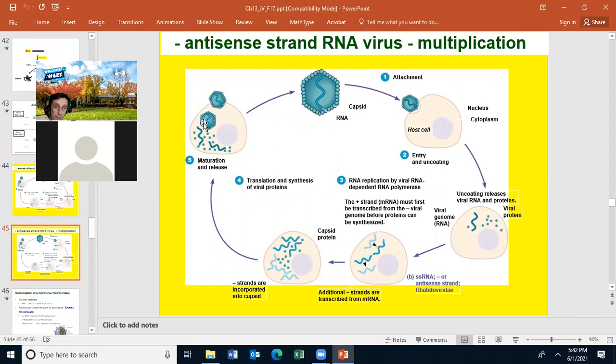And then the negative strand, single-strand RNA virus can be released from the cell either by lysis of the cell or by the budding life cycle. Which life cycle it follows depends on the species of virus. All right, any questions about viral multiplication?